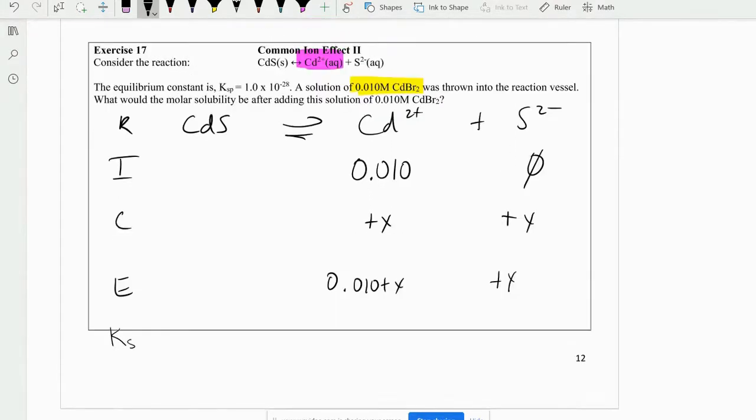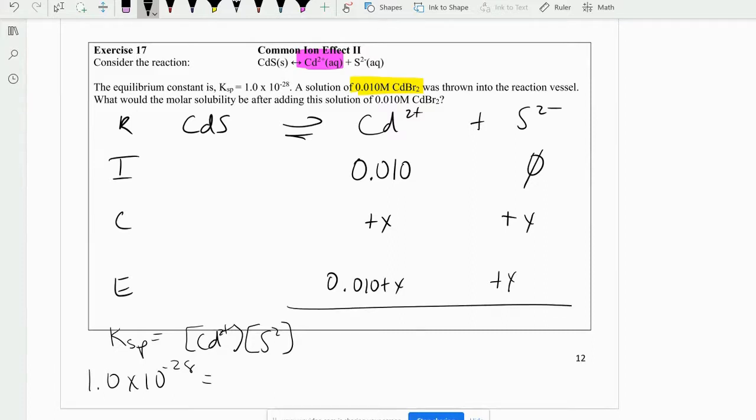Alrighty, I should have done this initially, but writing your Ksp would be cadmium 2 plus and sulfide 2 minus. Then we know that our Ksp is given to us in the problem, 1.0 times 10 to the minus 28. We're going to set that equal to the equilibrium expressions that we got here: cadmium, 0.010 plus X, multiplied by X.